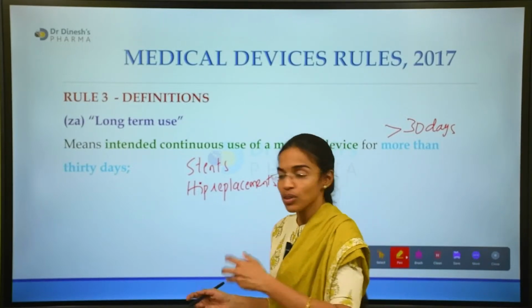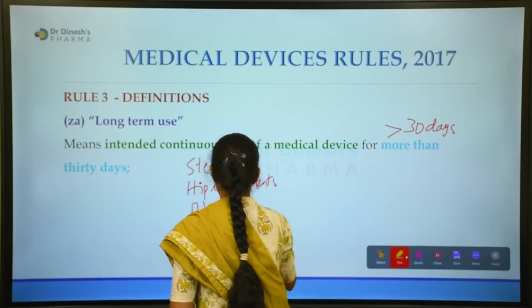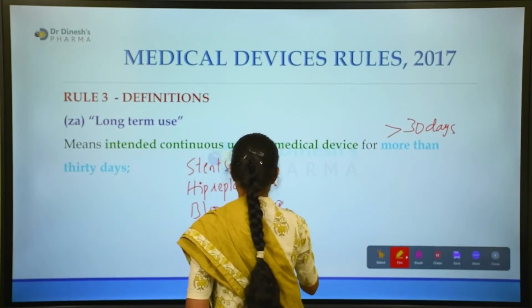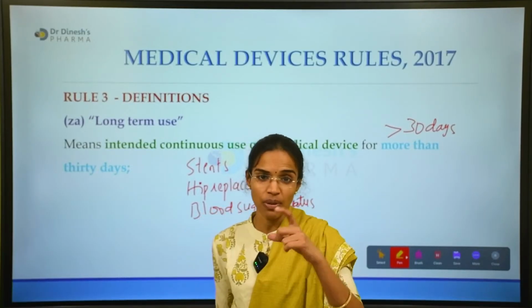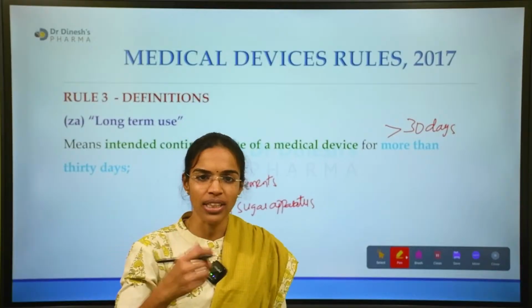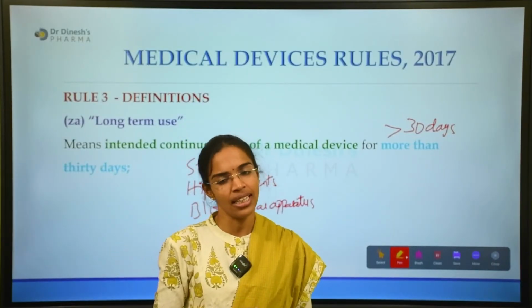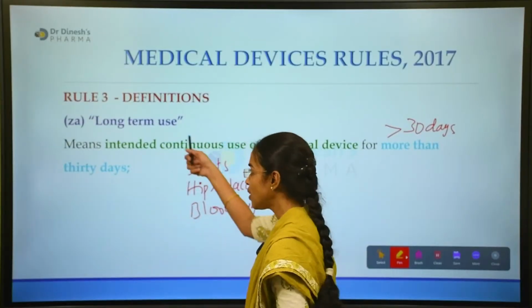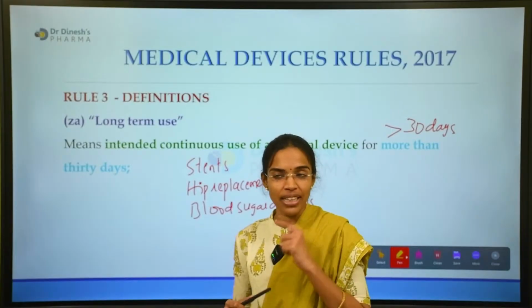Also this blood sugar testing apparatus. We don't use it for a single time, these kits we are not using for a single day. All these come under the long-term use medical devices. Please make a note, please remember.